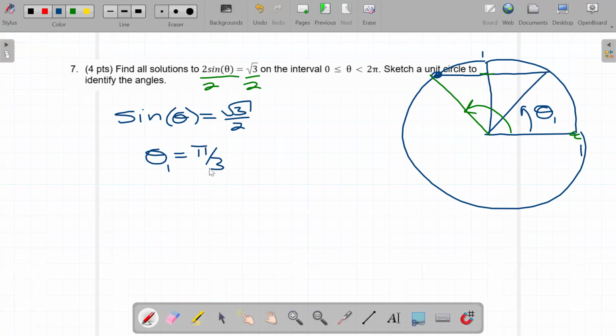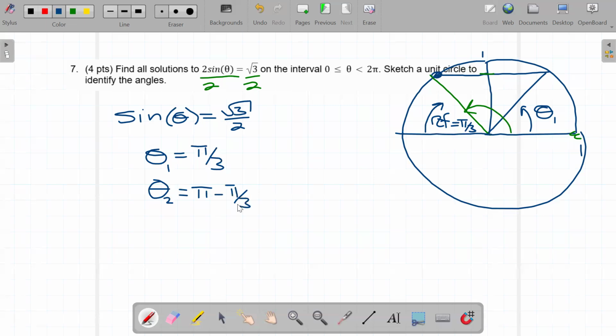And then for the other one, let's see, how do we figure out the other one here? What's the reference angle for the green? Yeah, so the reference angle here is also pi over 3. So I want to get pi over 3 away from pi. So the other one, if I call it theta 2, would be pi minus pi over 3.